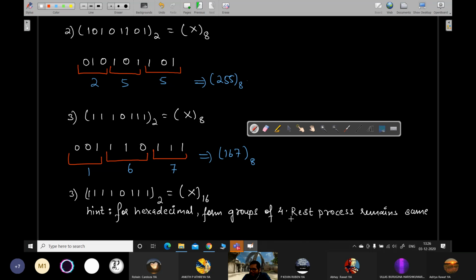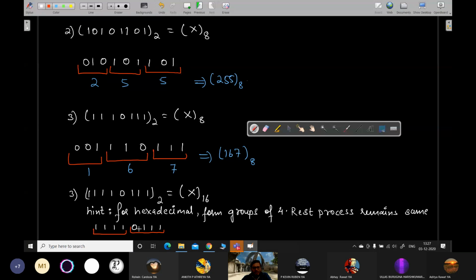Okay, Aditya believes F7. Ankit also F7. Okay, let us see. F7, sir. F7. Okay. So 0 1 1 1.